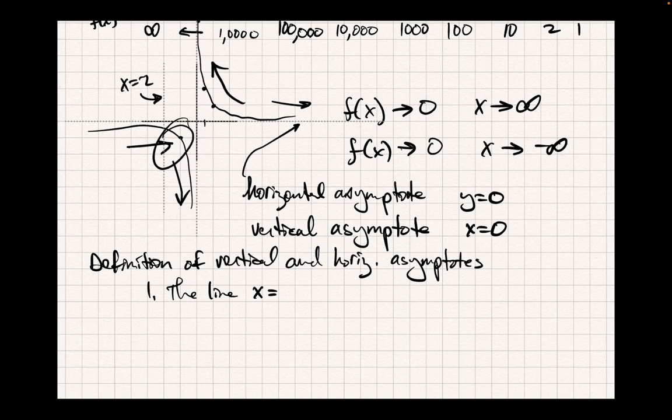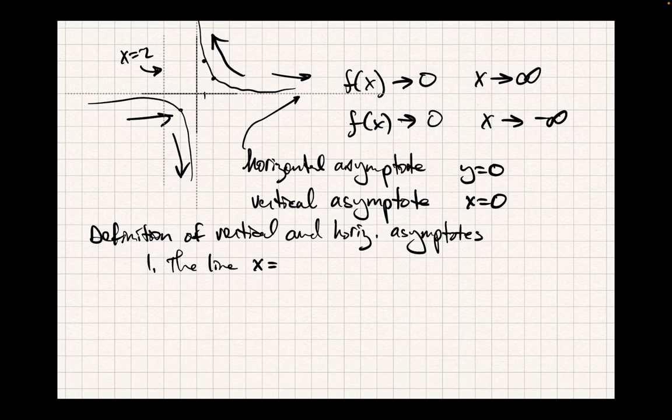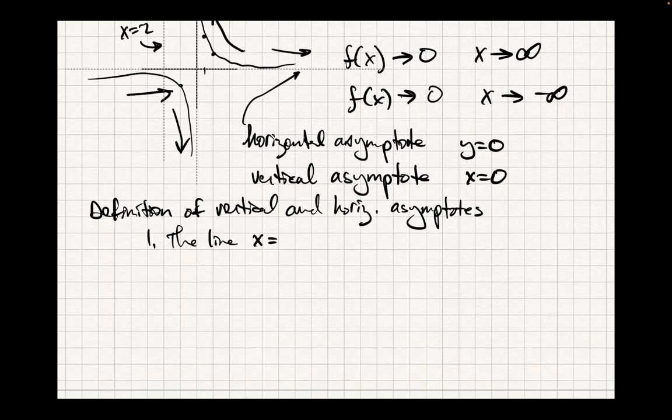It has nothing to do with this function. I'm just showing you a different vertical asymptote because, in general, it's just a constant.